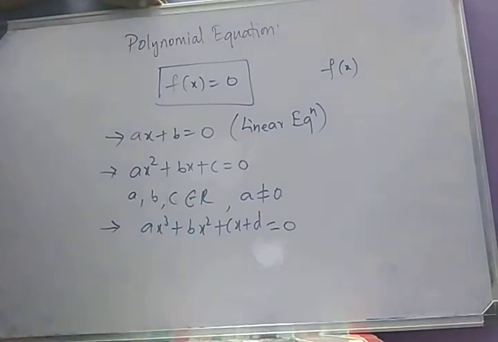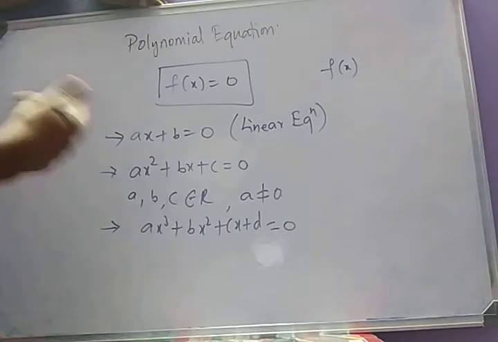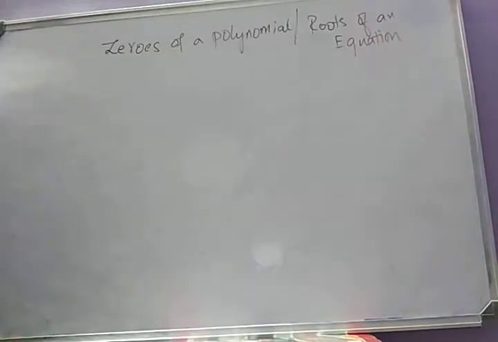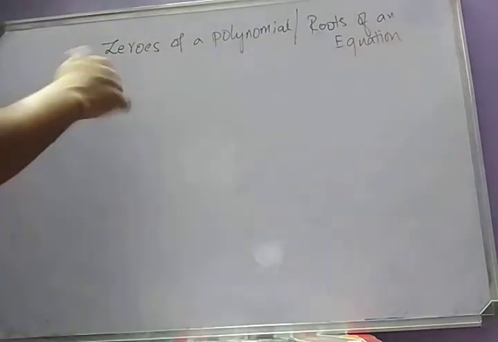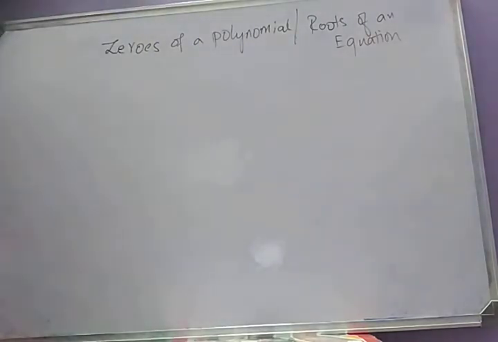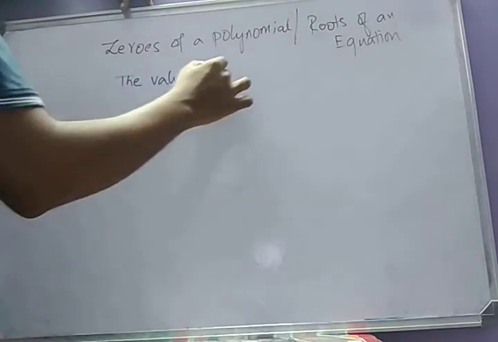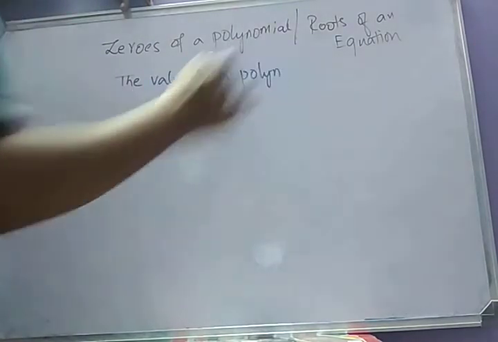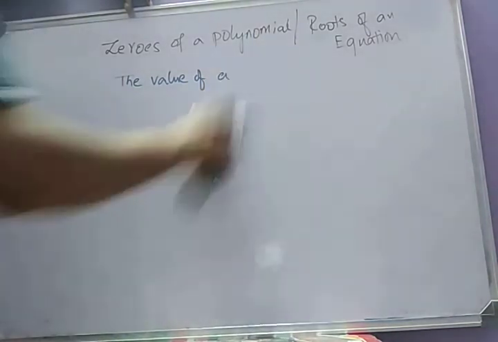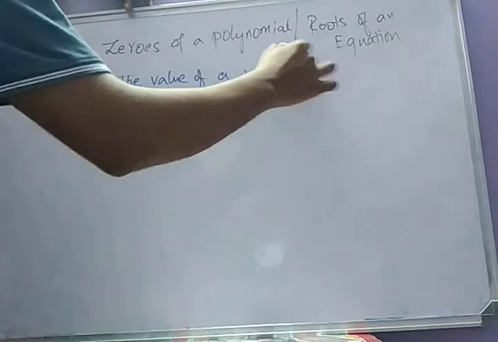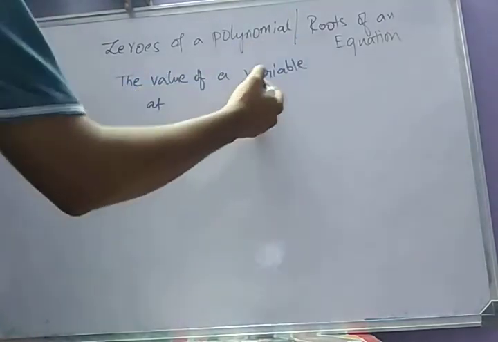Yes. So next let us look into the zeros of a polynomial. What is the meaning of zeros of a polynomial? Let us see the definition first. The value of the variable, let us consider that the variable is x.